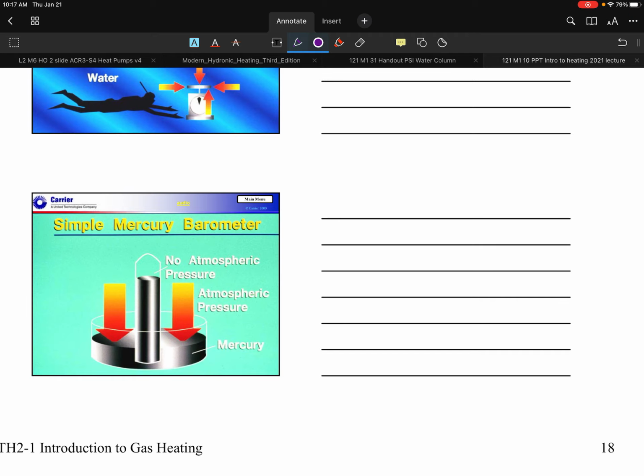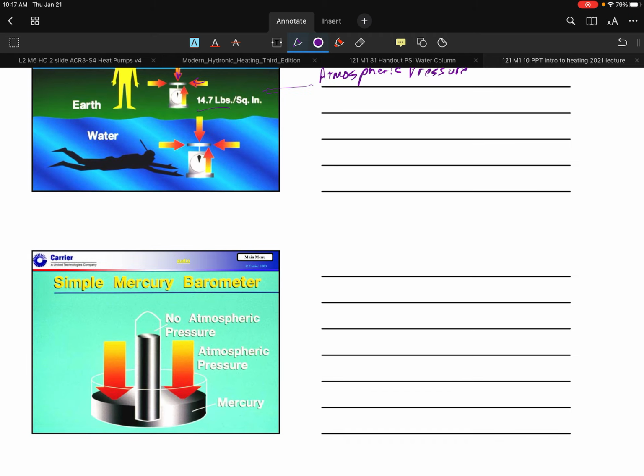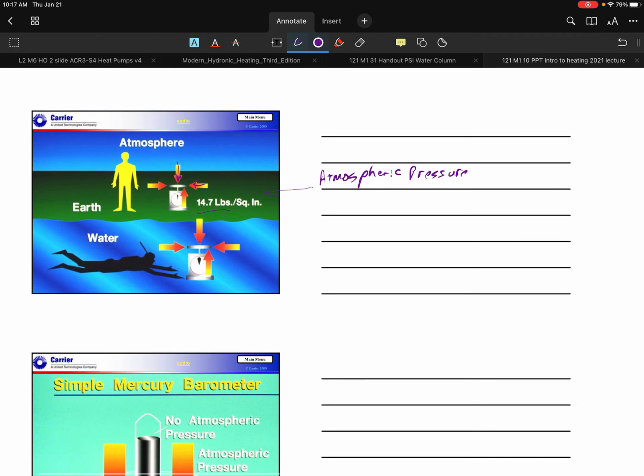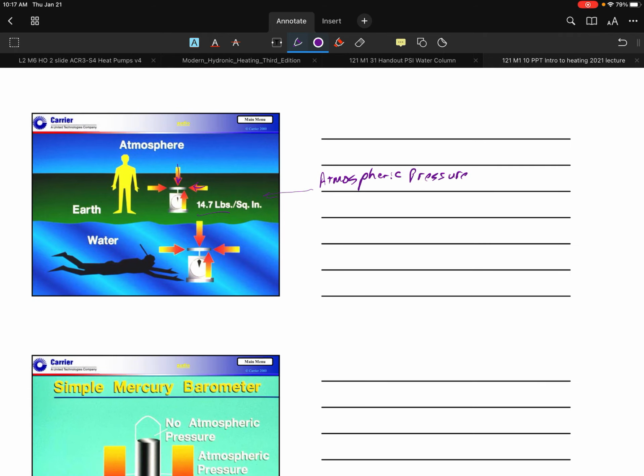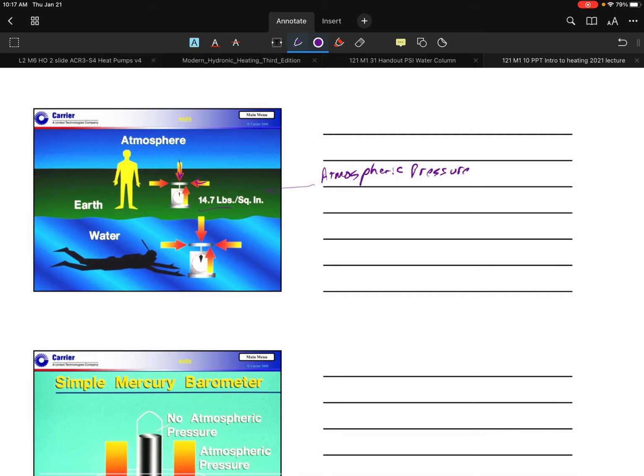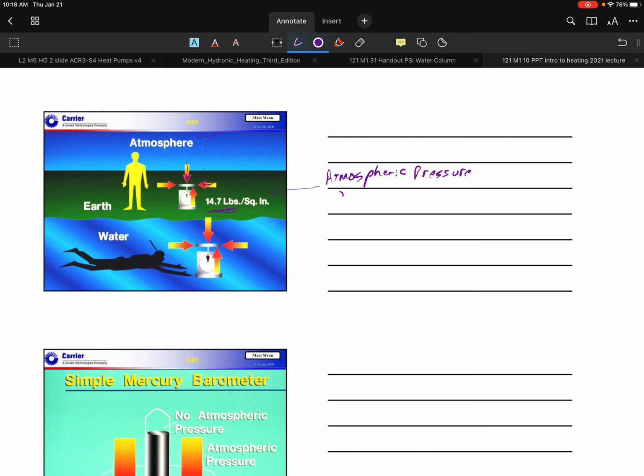To expand a little bit more on this, the point that I'm going to make is this. In the example here, I have a certain level of molecules above this scale, and it's giving me a pressure of 14.7. Now, clearly that is atmospheric pressure, and on a gauge, as you all know, my gauge would read 0.